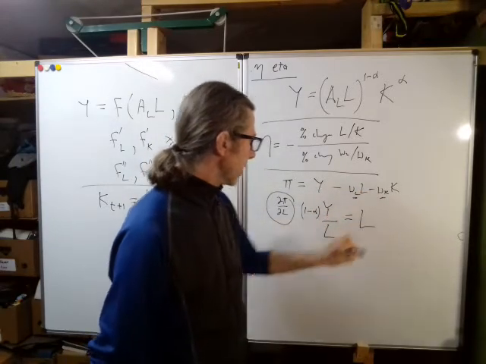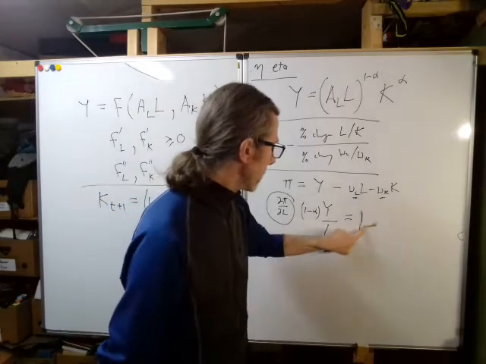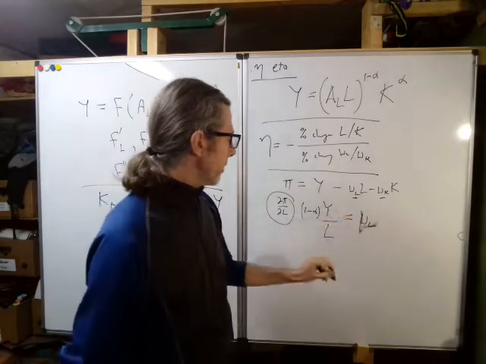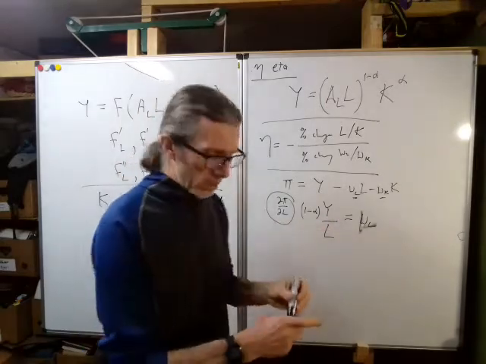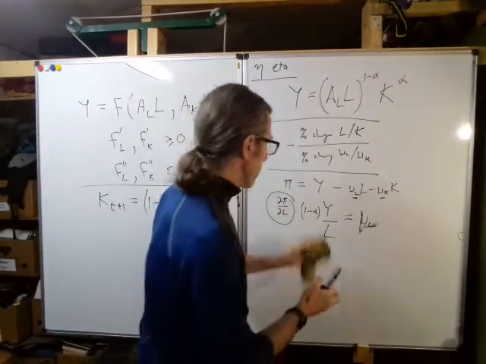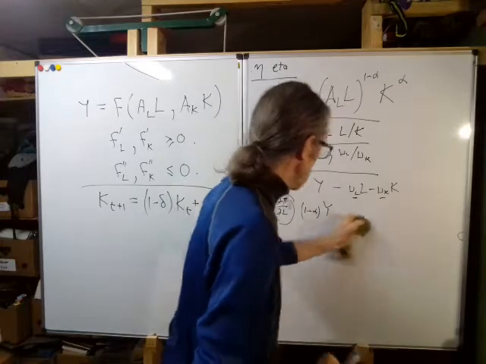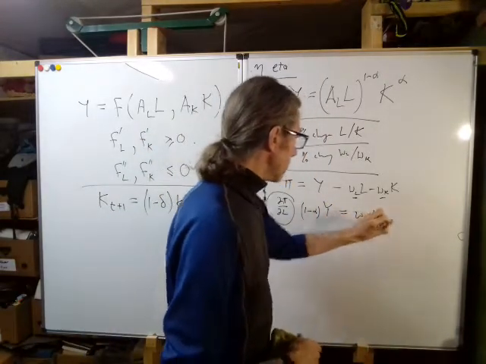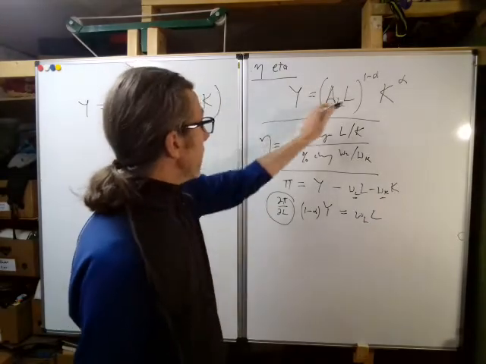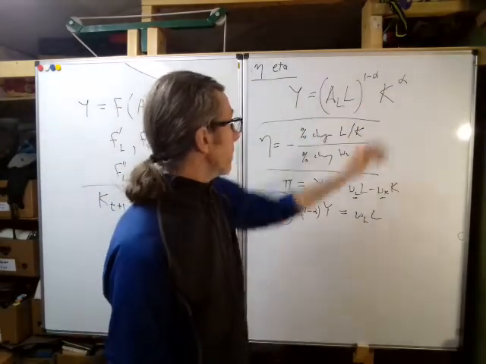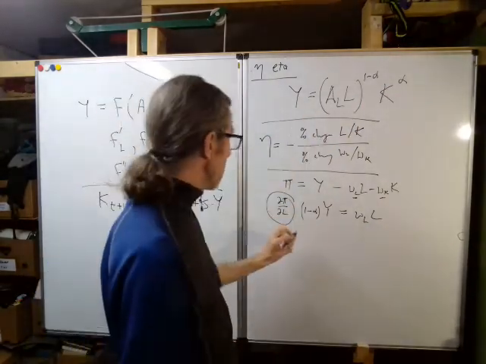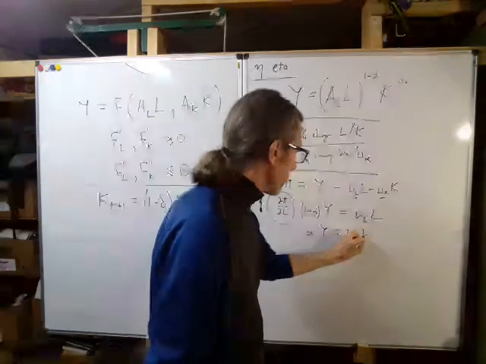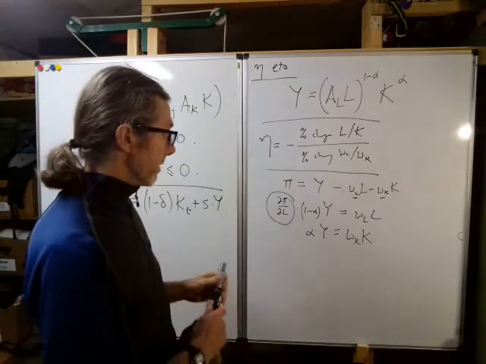So the condition tells us that 1 minus alpha y over L is WL. So we've got that 1 minus alpha y equals WLL. And by symmetry, the condition in K gives us that alpha y equals WKK.